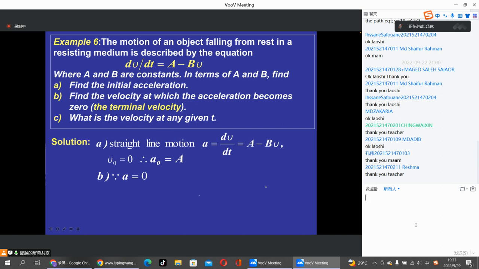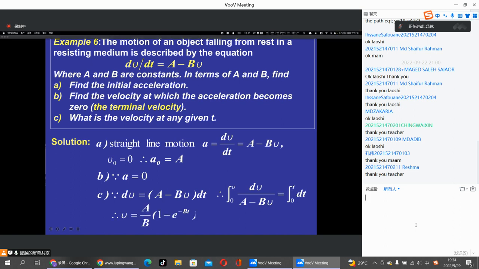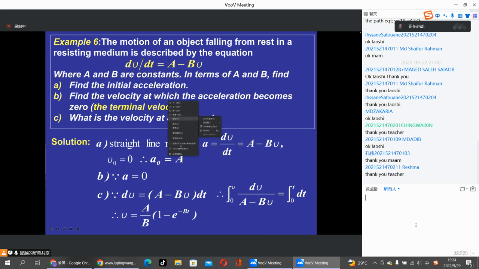So a minus bv equals 0. So v equals a over b, right? v equals a over b.